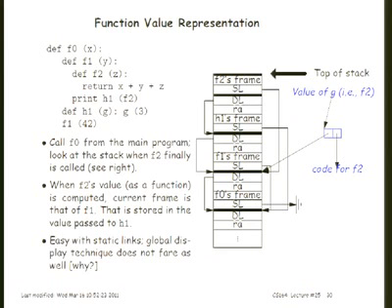And it also means that, with the global display thing, it turns out to be just a bit expensive to access functions. It's not terribly pleasant to call function values.